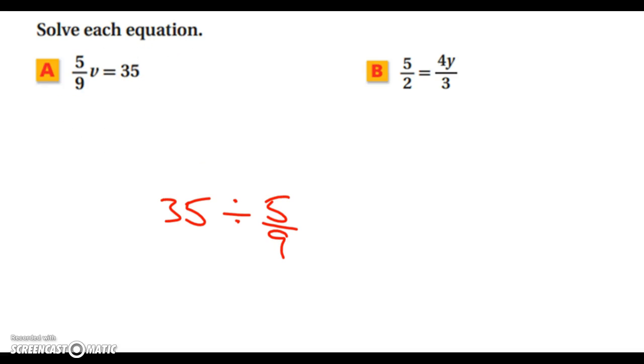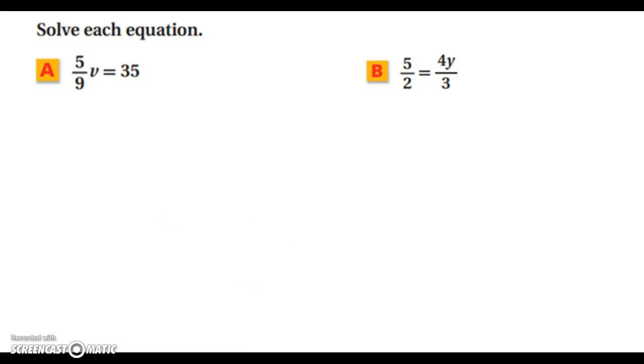Now remember, when you take something divided by a fraction, you can turn it into multiplication by using the inverse. So 35, I'm going to put it over 1 times, and we do the reciprocal, 9/5. And then that is how we divide fractions. So that's bringing in some old knowledge here.